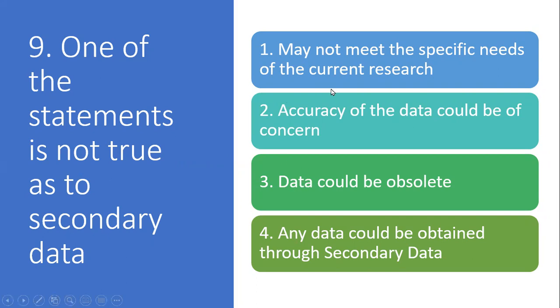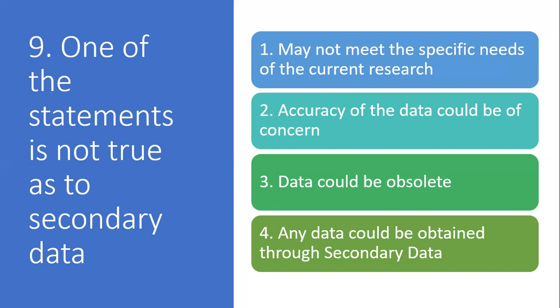So in this case, may not meet the specific needs of the current research. Yes, secondary data sometimes may not, because this is a special research that you have. It may not have happened in the past and there is no proper research done on it. Accuracy of the data could be of concern because we don't know who has done it, how it has been reported. And data could be obsolete. Sometimes, although it is relevant, this research was done a few years ago.